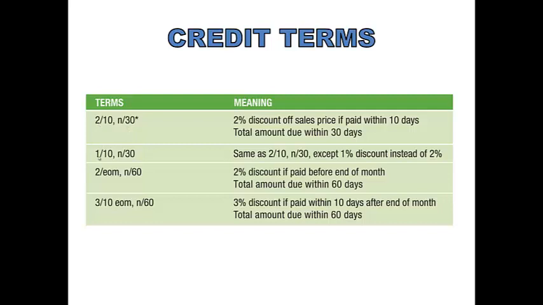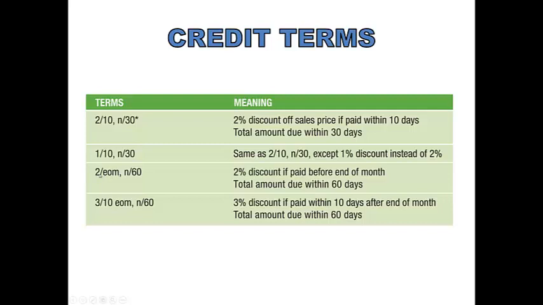Now, these sound like very small discounts, but when you're buying large volumes of merchandise, these 1, 2, 3% amounts can really add up and be a savings for a merchandiser. Here's one that's a little different, 2% / EOM. So EOM means you'll get a discount if you pay by the end of the month.